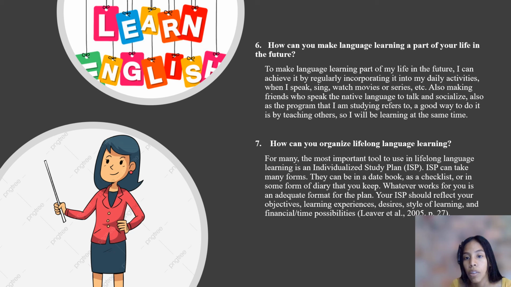Okay, and how can you organize lifelong language learning? For many, the most important tool to use in lifelong language learning is an individualized study plan. ISPs can take many forms. They can be in a date book, as a checklist, or in some form of diary that you keep.